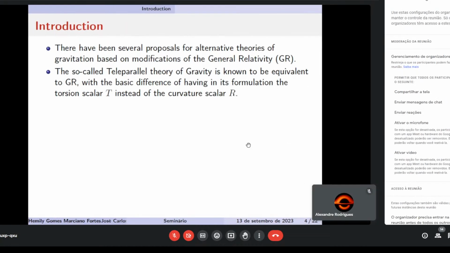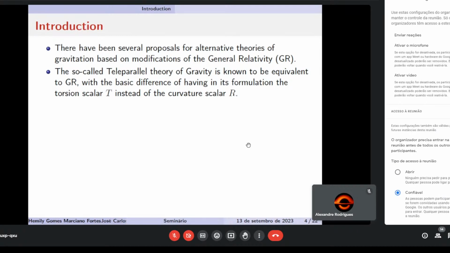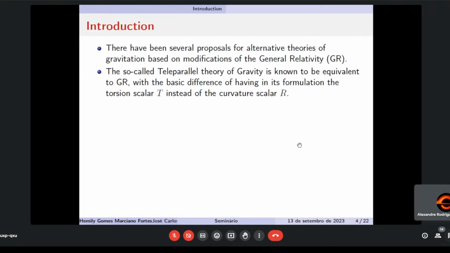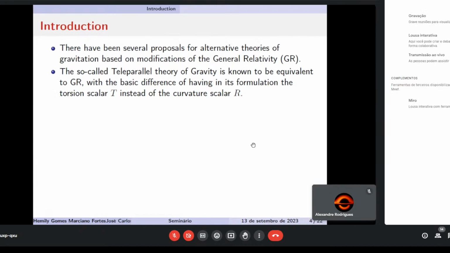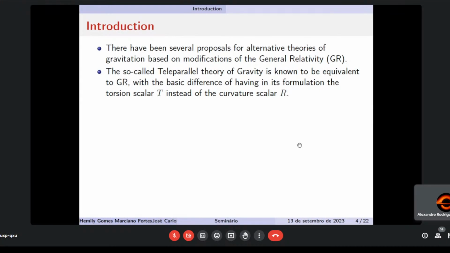So we have the so-called teleparallel theory of gravity, which is a theory equivalent to GR, but instead of using the Ricci scalar R, we have the torsion scalar T. That's the basic difference. And you don't use the metric g mu nu, for example, you use the tetrad.